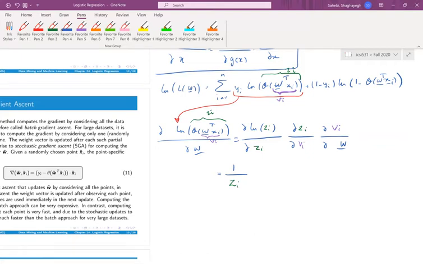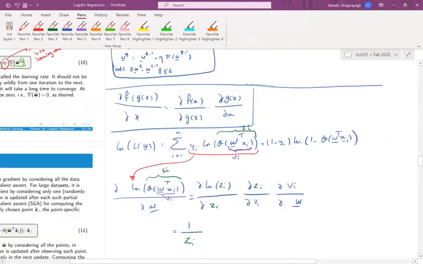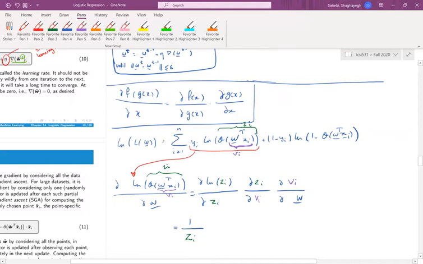Now for the next term, we have the derivative of Zi with respect to Vi, which is basically the derivative of sigmoid function. Now, the derivative of sigmoid function with respect to Vi, we are using this one also here.